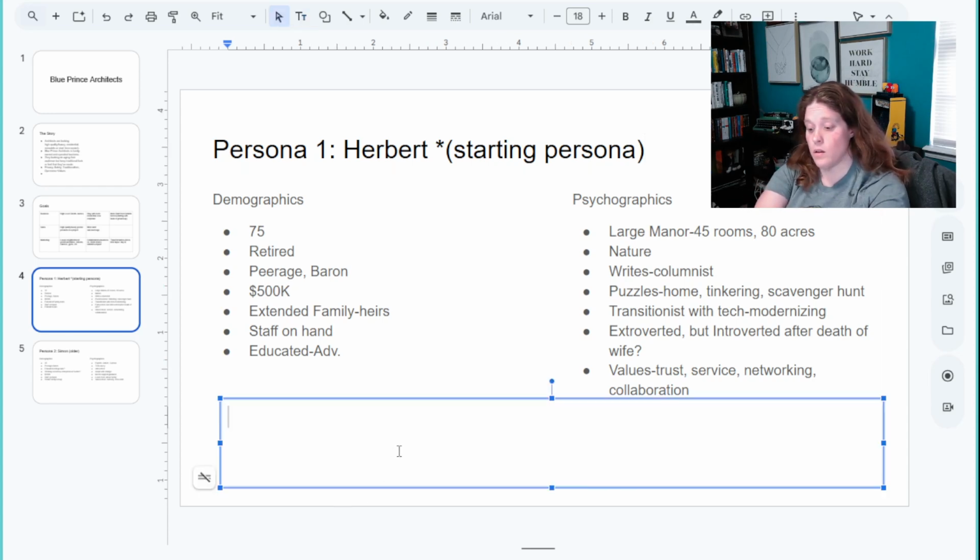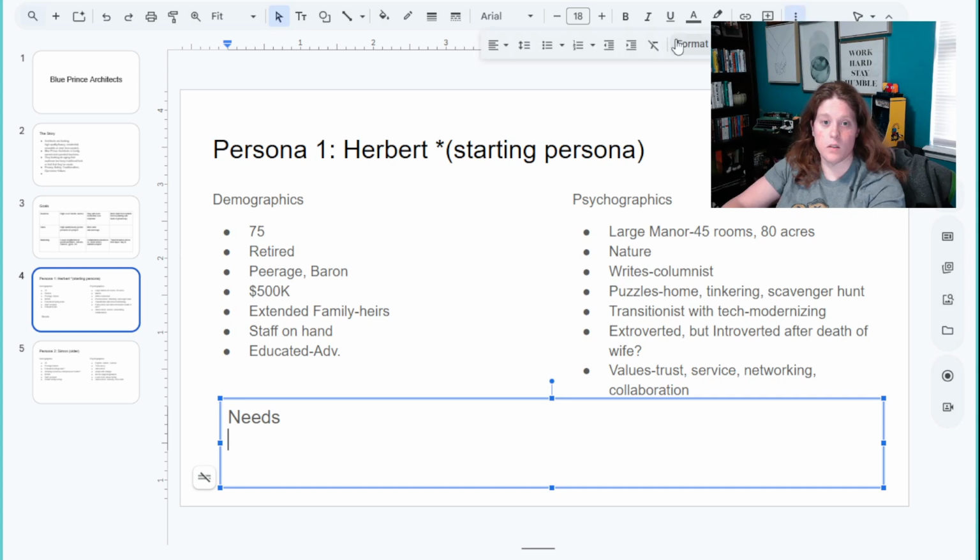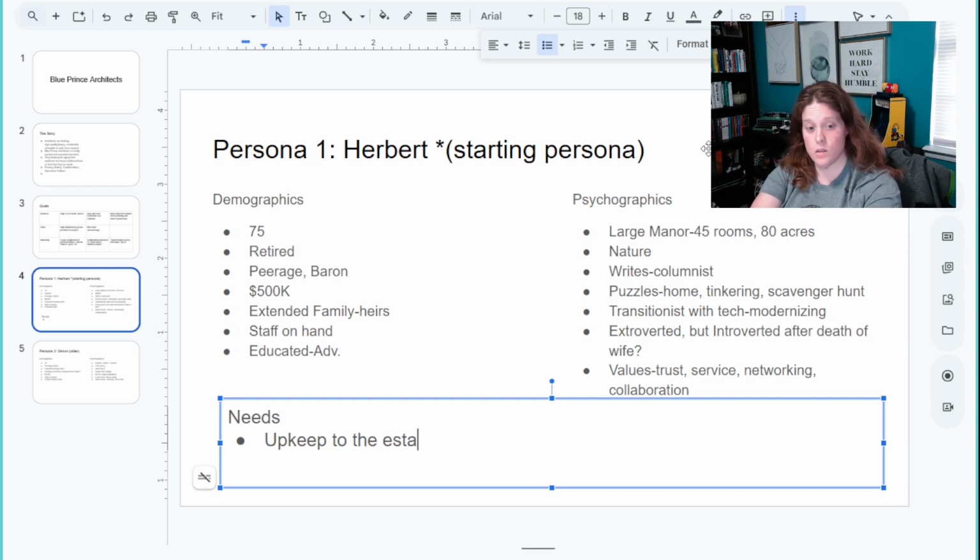where again, their needs are going to be, like I mentioned, upkeep to the estate.